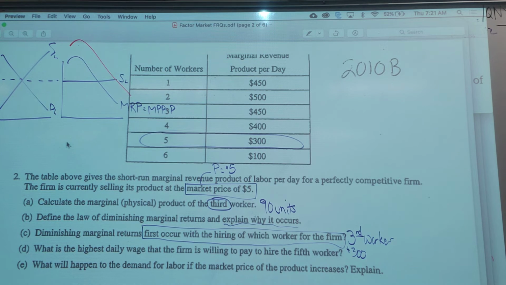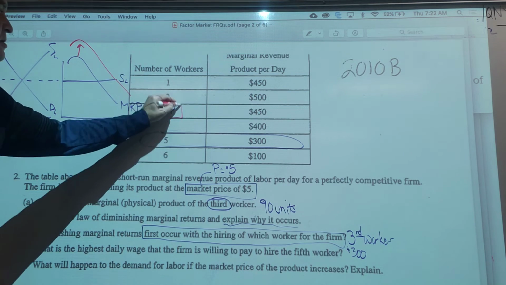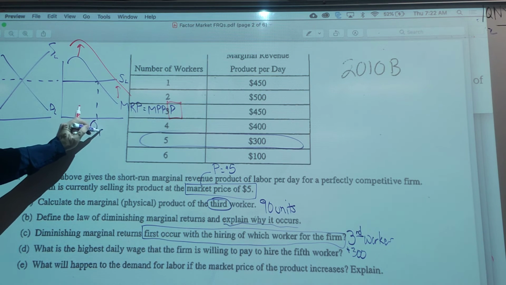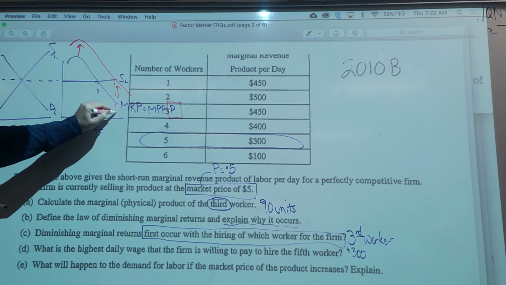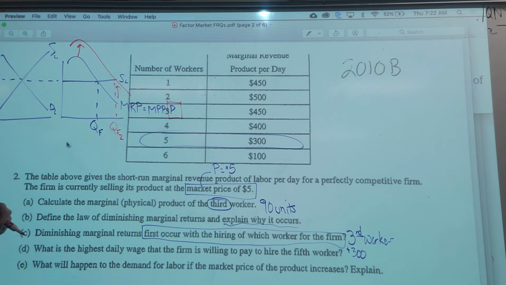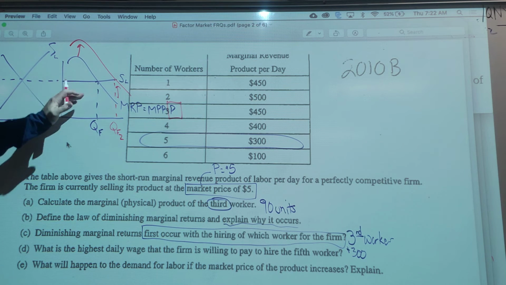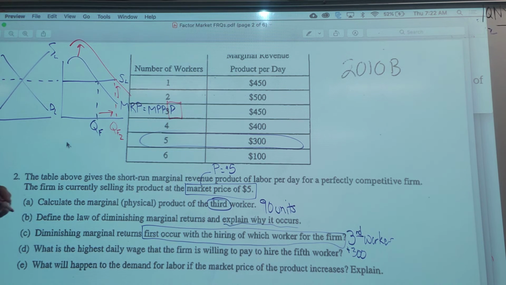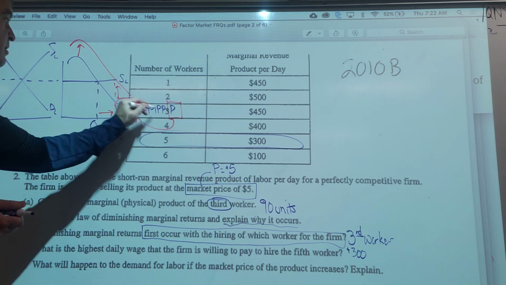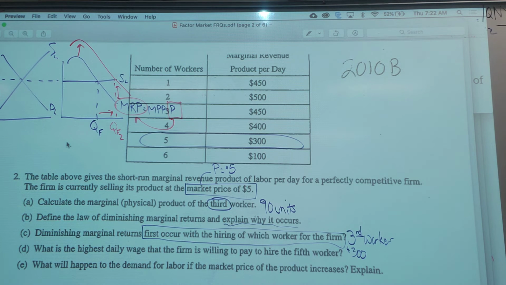We're looking at something like this: an increase in price shifts up the MRP curve, and where originally this firm hired this amount of labor, now at the new higher MRP they hire this amount of labor. So what will happen to the demand for labor if the market price of the product increases? They're going to hire more workers, because when the price increases, the marginal revenue product increases.